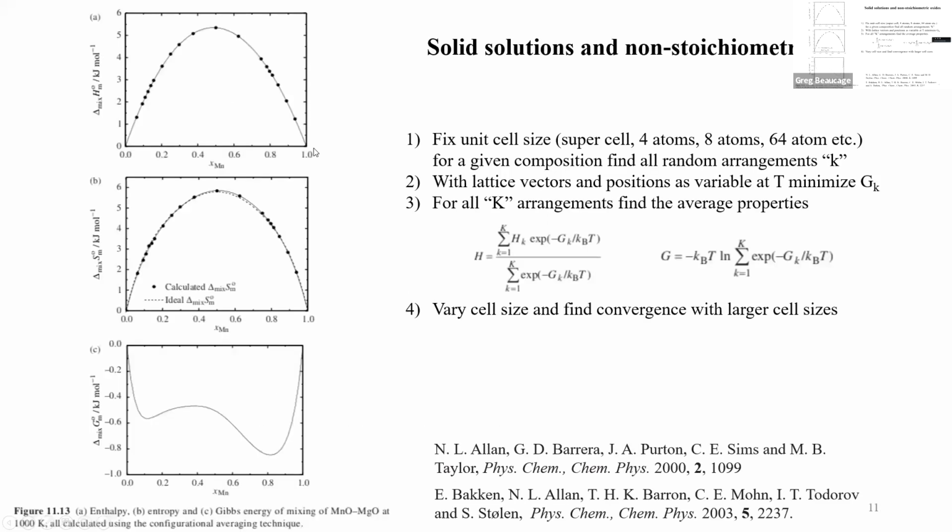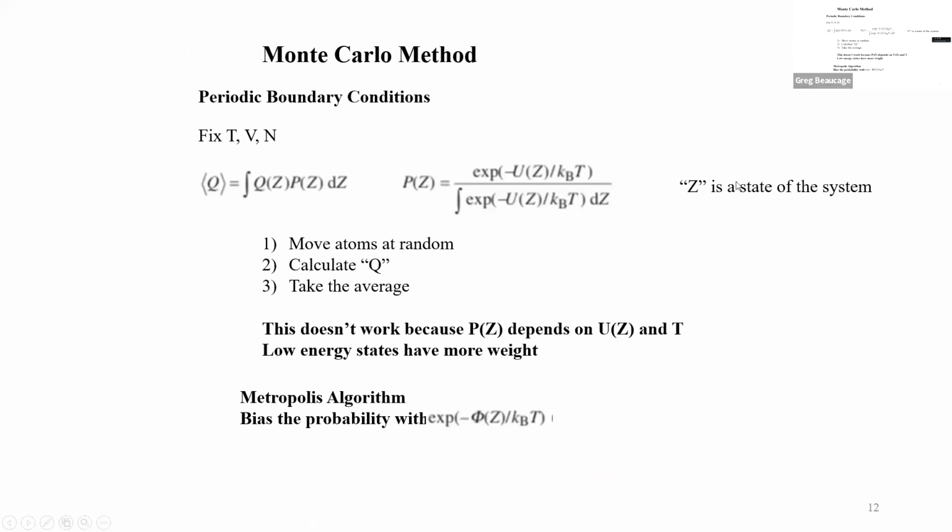In other words, he's got this alloy with two metals, and say you have a box with magnesium and manganese at different points in the box, then you can move those around. So one state would be with them all in one position at one concentration, then move them around to another position. That'd be a different state. So you can have a bunch of different possible states, a bunch of different Z's in this thing.